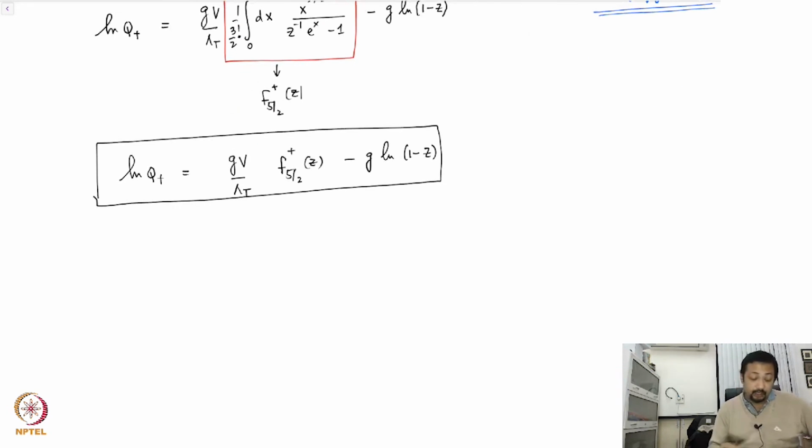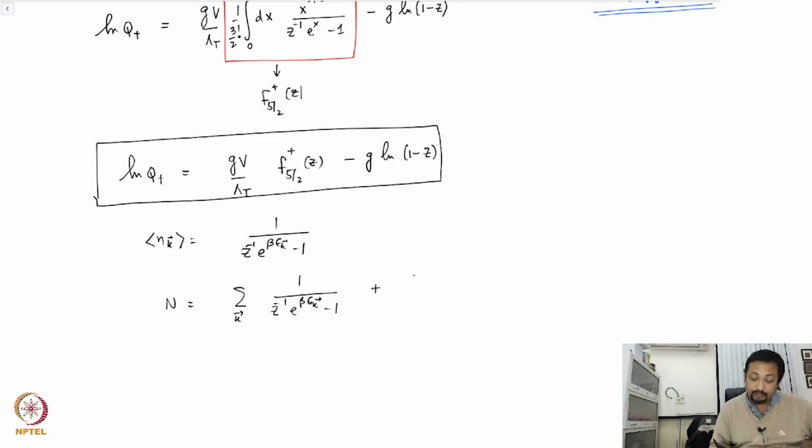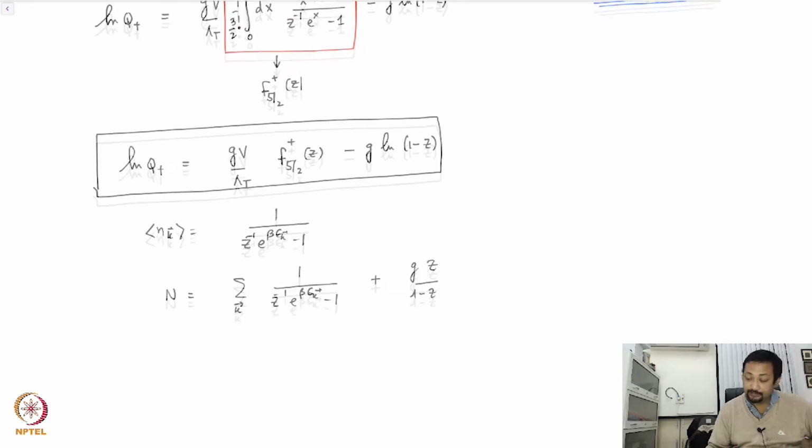Right? The average expectation number was 1 over z inverse e to the power beta epsilon k minus 1, and we separated the zero momentum state out so that we have 1 over z inverse e to the power beta epsilon k minus 1, plus g z over 1 minus z.